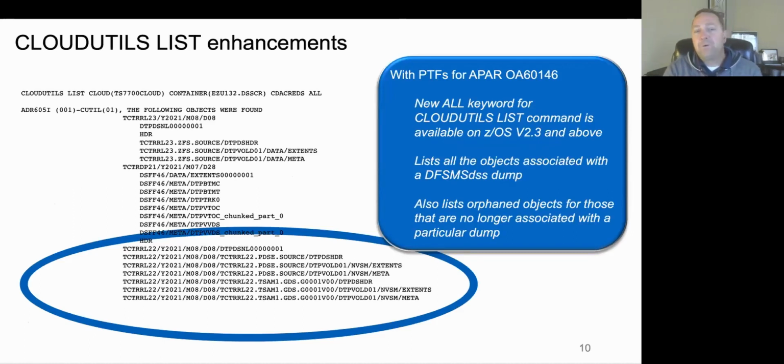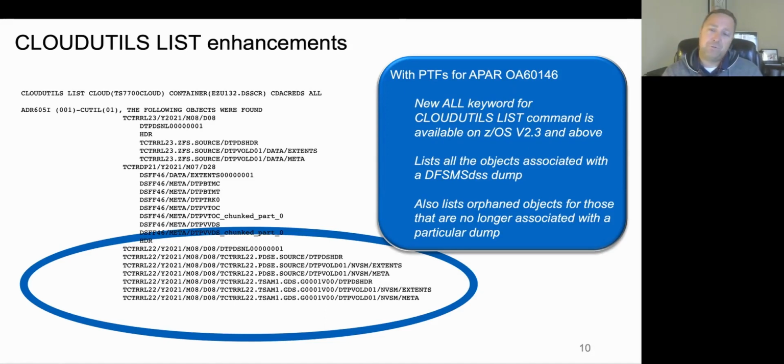We added a new all keyword. When you dump to virtual tape, you have a data set on a logical volume. When you create a backup with TCT, it's a set of objects or a set of files linked together by a common prefix within a container. And so when we added this cloud utils list command to let you list objects within a TS7700, we did it at that prefix granularity.